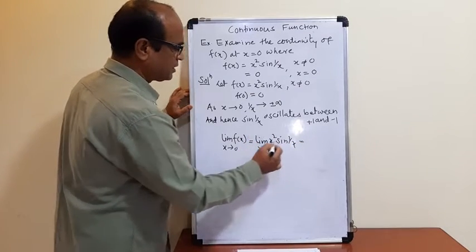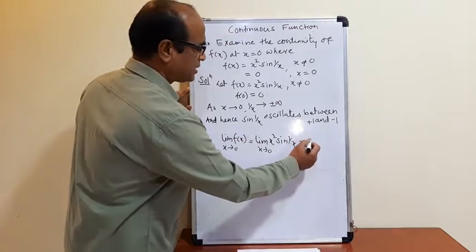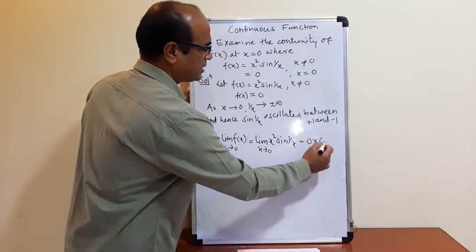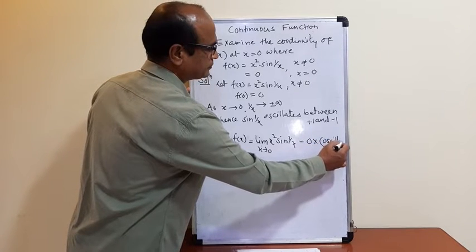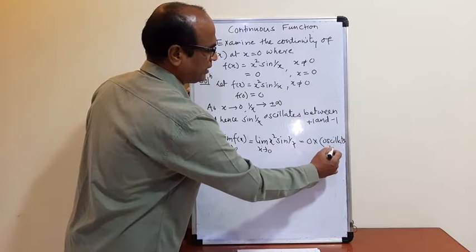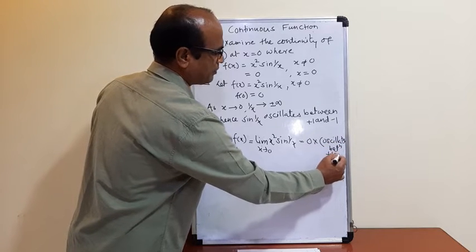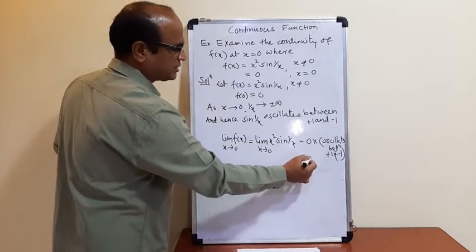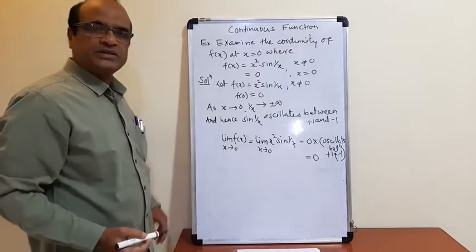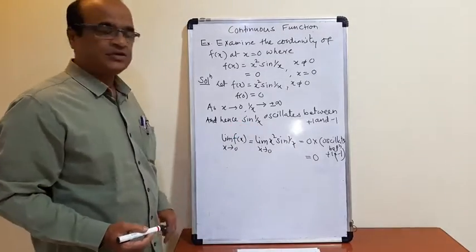As x tends to 0, x square tends to 0, so that is 0 into the limit of sine 1 upon x, which oscillates between plus 1 and minus 1. But 0 into this is 0. This is an oscillating function, a discontinuous function.